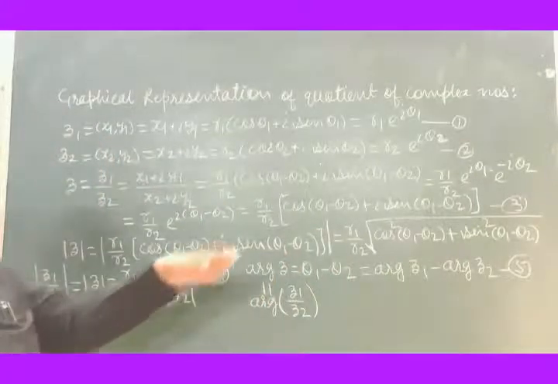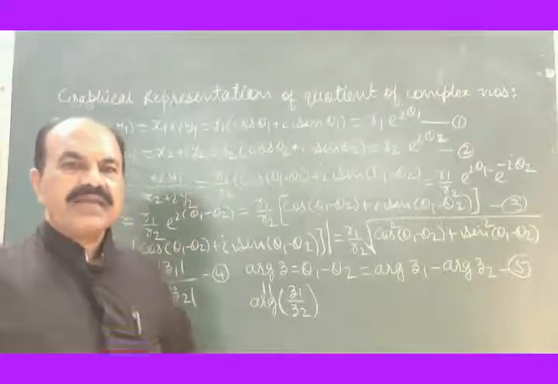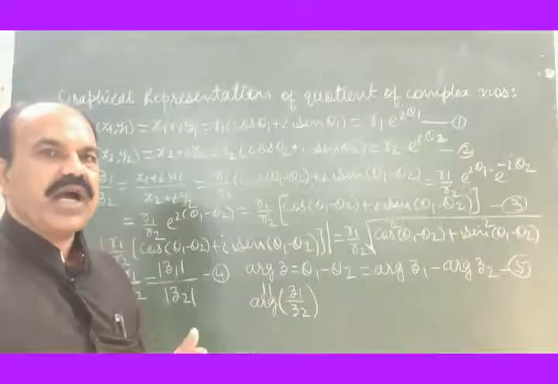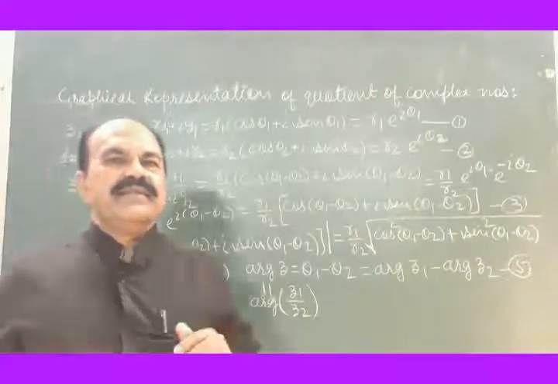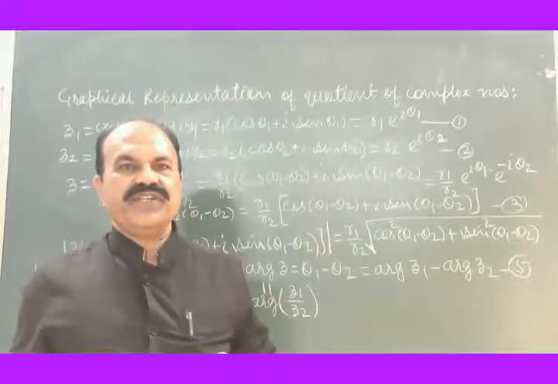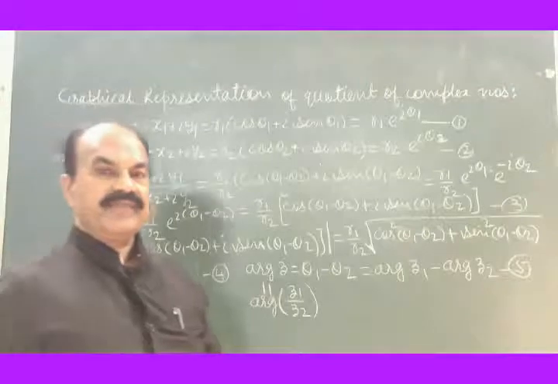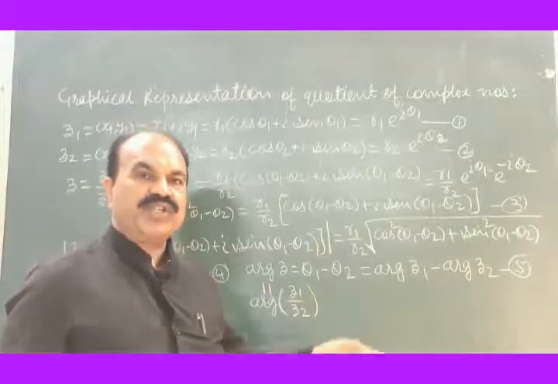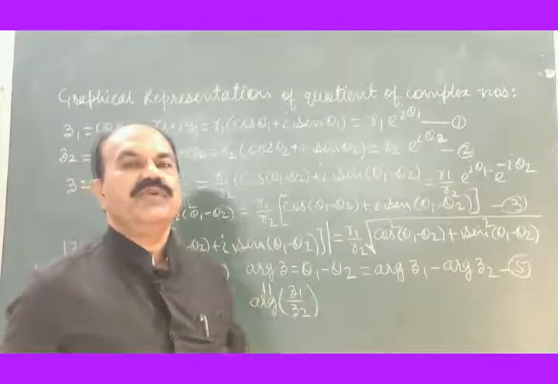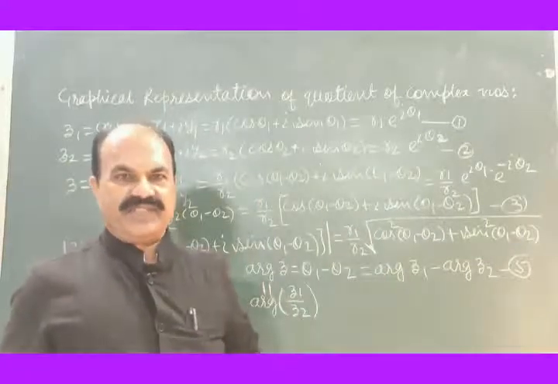Using equations 4 and 5, the conclusions we can draw are: the modulus of the quotient of two complex numbers is equal to the quotient of their moduli, and the argument of the quotient of two complex numbers is equal to the subtraction or difference of their arguments.